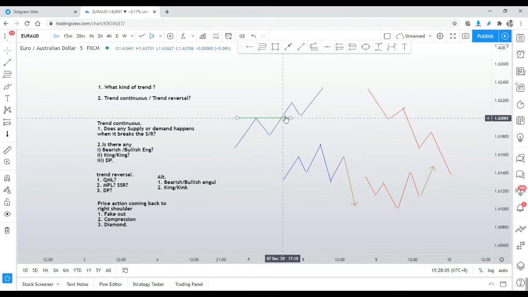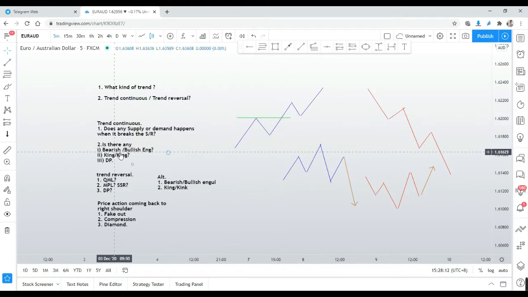Then when it breaks this area, the high, is there any of three things? The bearish engulfing, king, or decision point. It has to be one of those.